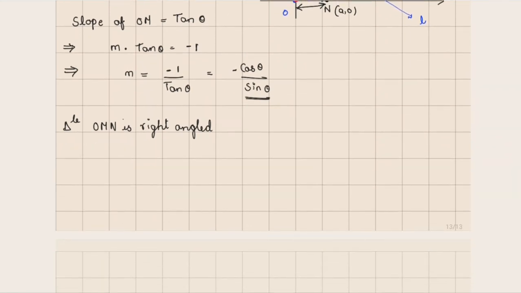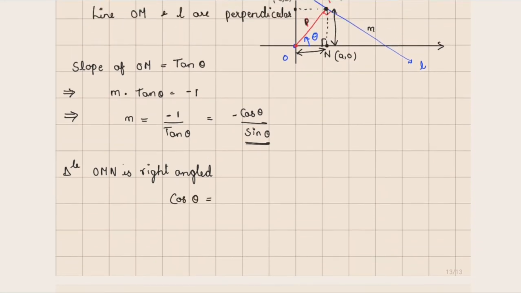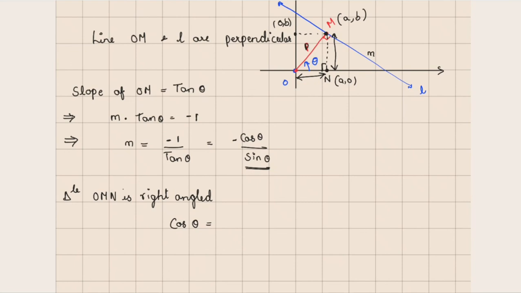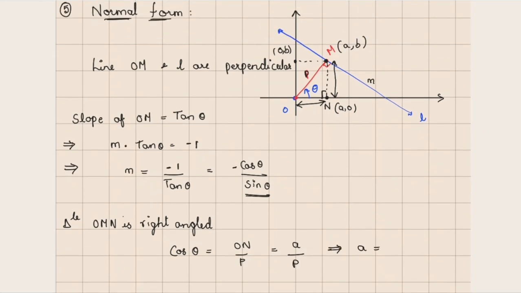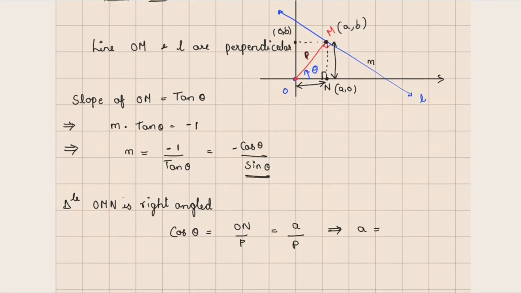How to find A and B? We know that cos theta equals adjacent side by hypotenuse. We know the hypotenuse length is P. Adjacent side is nothing but A. So cos theta equals ON by P, which is A by P. That implies A, the abscissa of the point M, is equal to P cos theta.